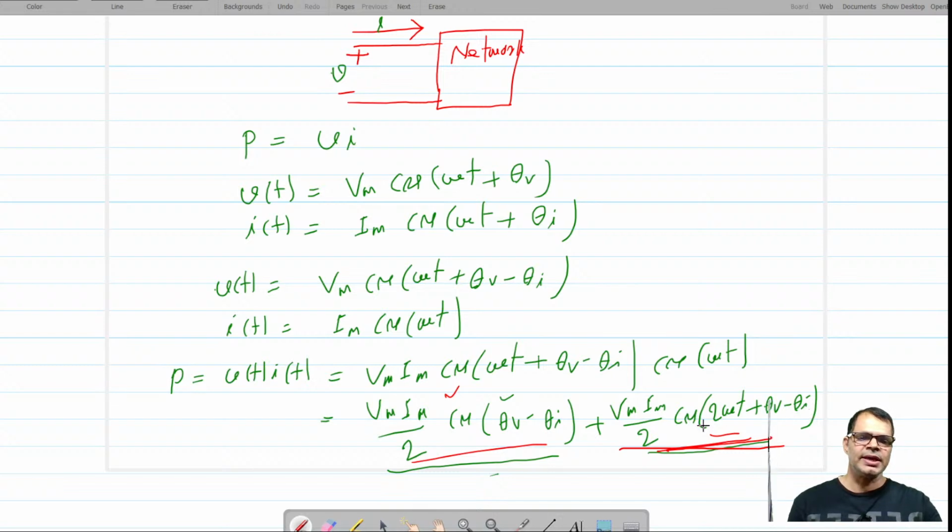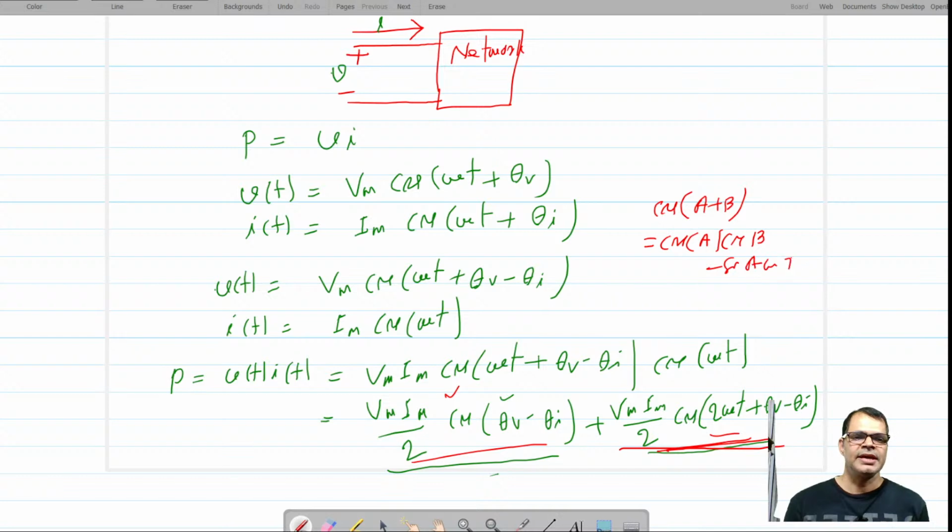Can you think about that? What is cos(A plus B)? Anyone know? That is cos A cos B minus sin A sin B. Here A is 2 omega t and this is your B.